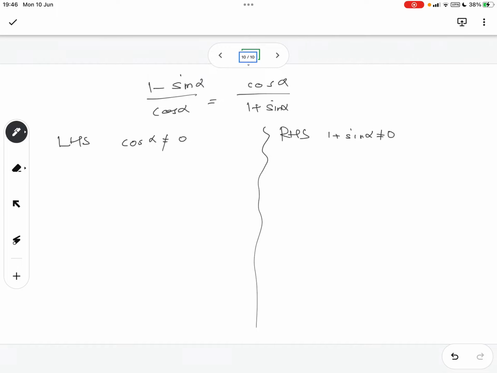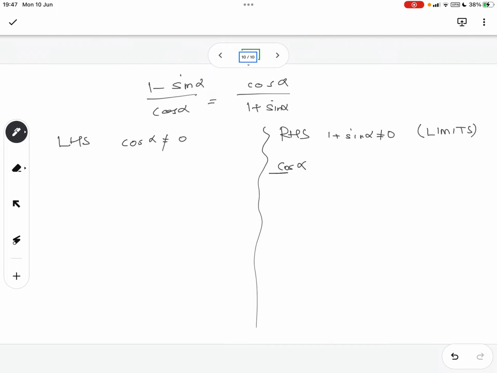We can start by saying cos alpha must not equal 0 if we're going to take the left hand side. And if we're going to take the right hand side, then 1 plus sine alpha must not equal 0. Because that can happen in either case. But you don't want that to happen. So this is our limitation.